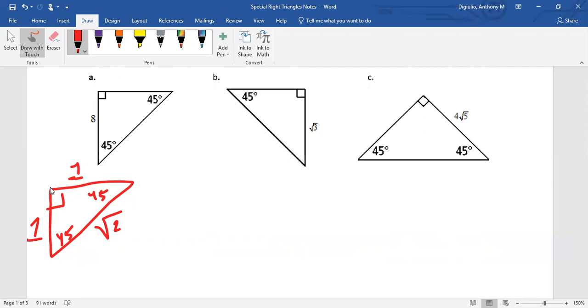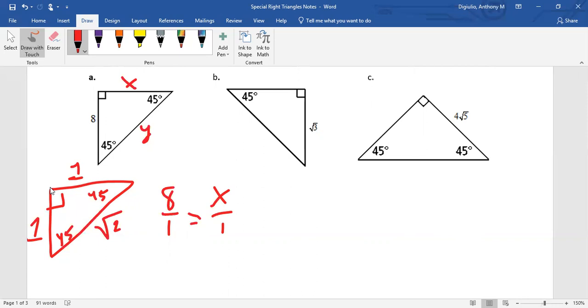So I'm going to solve for an x in this case, and I'm going to solve for a y, okay? I'm going to set up this proportion. I've got 8 over 1 equals x over 1. Hopefully this one's pretty quick to see, right? If it's across from 45, we have 8 over 1 equals x over 1.